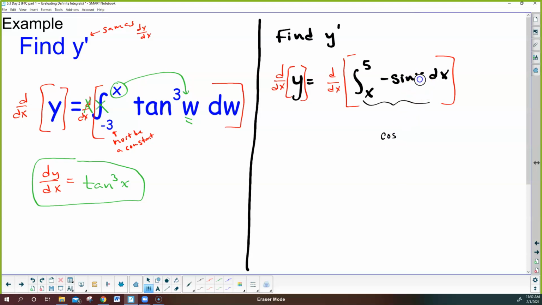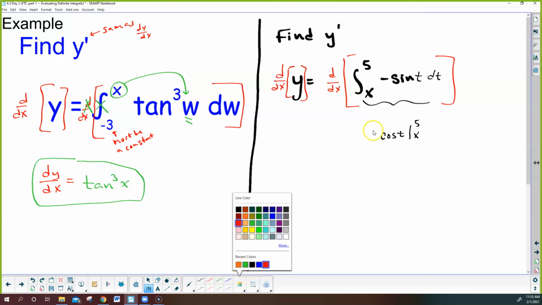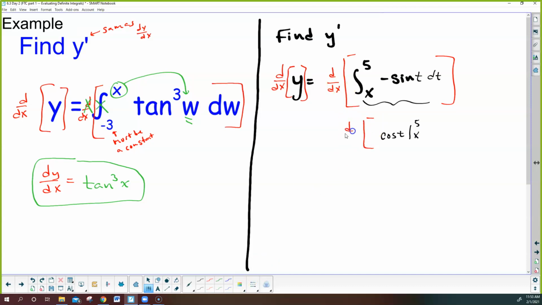And this should be something other than an x, let's call it t, just for fun. So whose derivative gives me negative sine of t? That's positive cosine. And then I'm going to evaluate it from 5 to x. Now keep in mind, I did not take the derivative of that yet. I'm going to do that at the end. I'm just going to keep that red derivative piece on the outside the whole time.